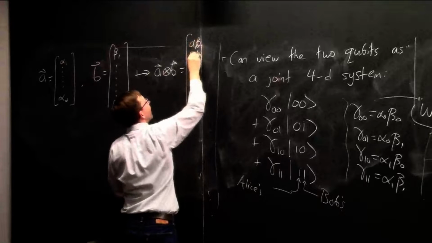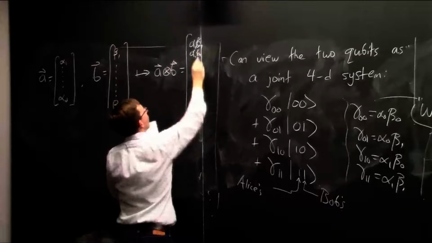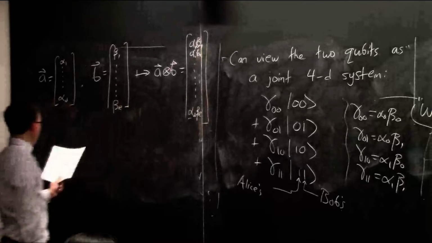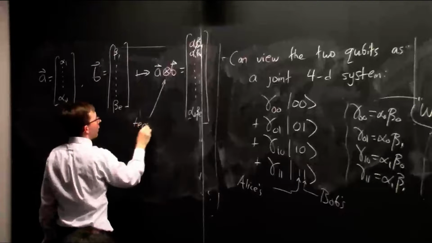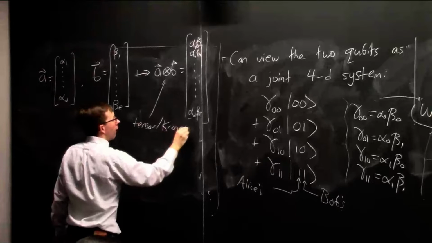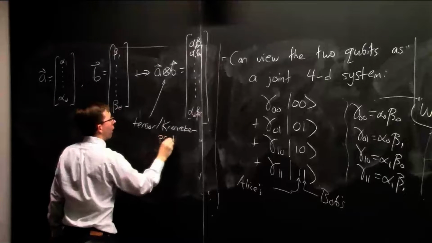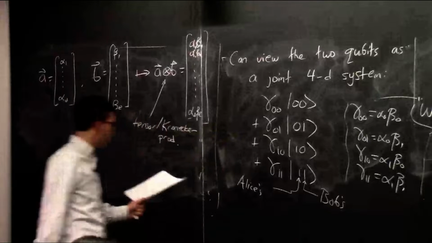Alpha, beta, and alpha d beta e. So this is called the tensor product or Kronecker product. In quantum, they usually call it tensor product, so I'll probably start saying that.